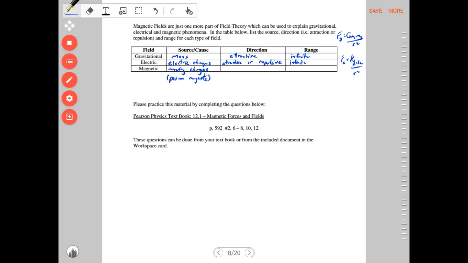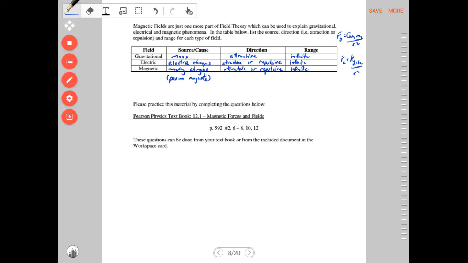This can be attractive or repulsive as well. And magnetic fields are exactly the same as the other two. They act at infinite distance. Okay, awesome. So there's a whole bunch of theory for you.